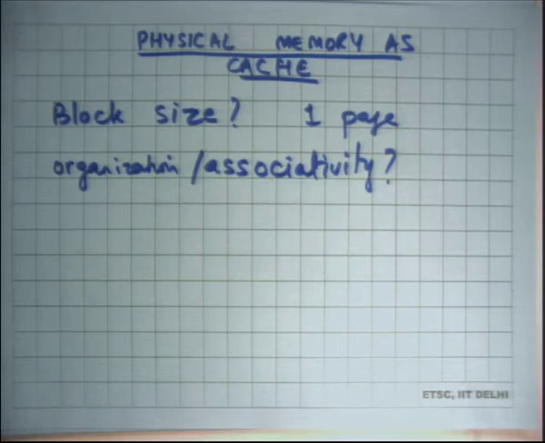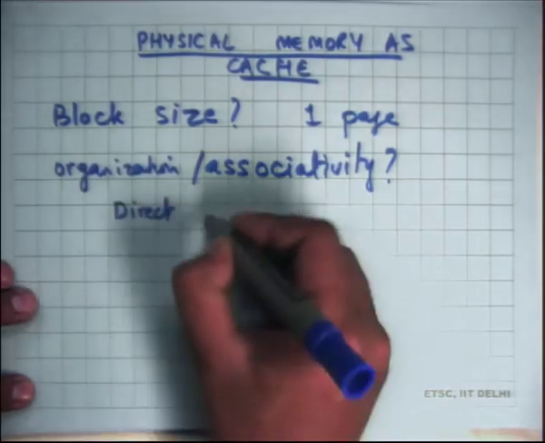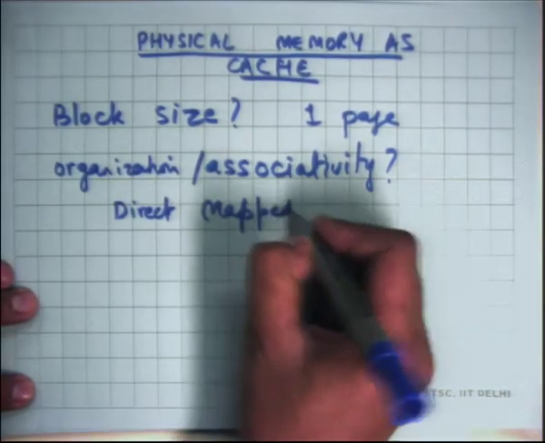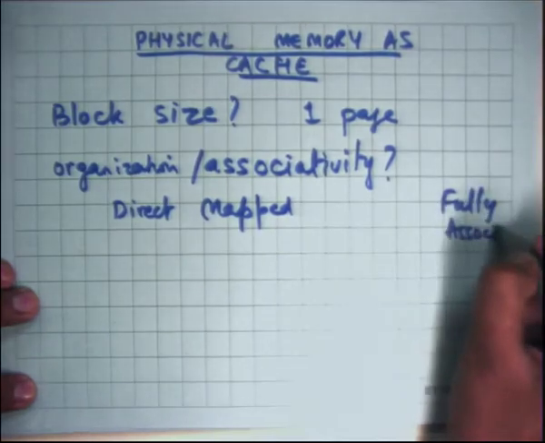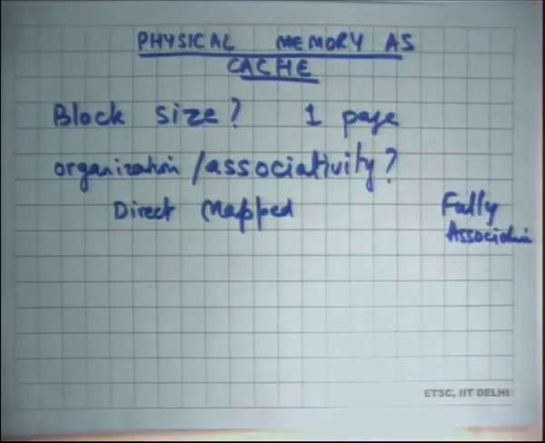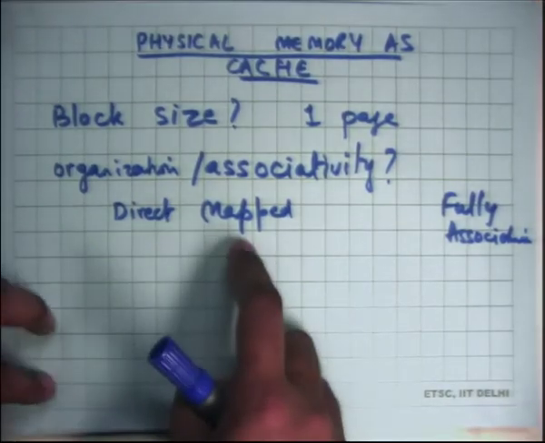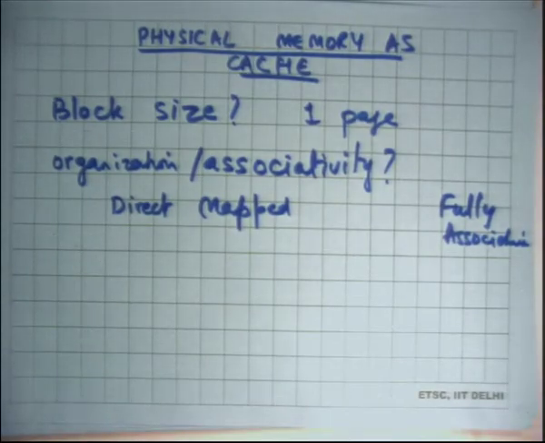So let's see, what's the trade-off, let's say, between direct mapped on one side and fully associative on the other side? In direct mapped, I know there's a single location for a given set of addresses, so when you get a miss, it's very clear which one you're going to replace.